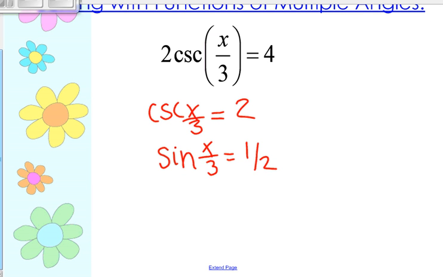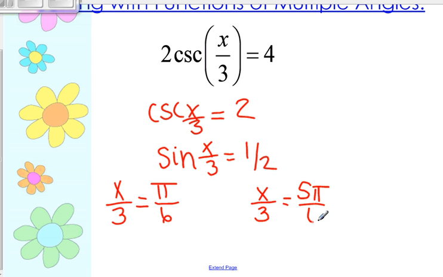And sine is 1/2 for the pi over 6 family, so I'm going to have x over 3 equals pi over 6, and x over 3 equals 5 pi over 6, because that's both where sine is positive. And this is sine, so I'd be adding 2 pi to both sides.